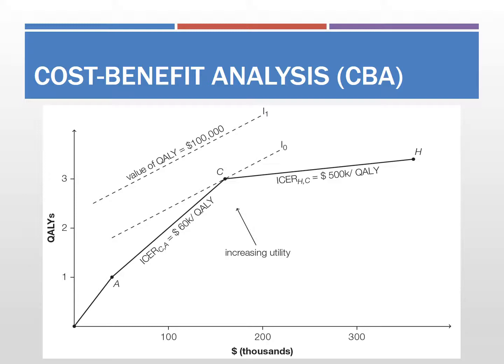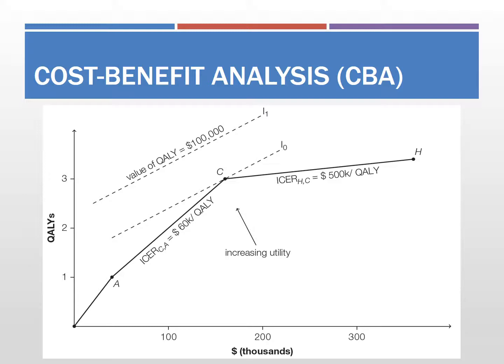On the other hand, if people value more than $500,000 per quality year, they will always get treatment H, even though it's a much more expensive treatment, since the person is willing to pay more than $500,000 to live one more quality year.